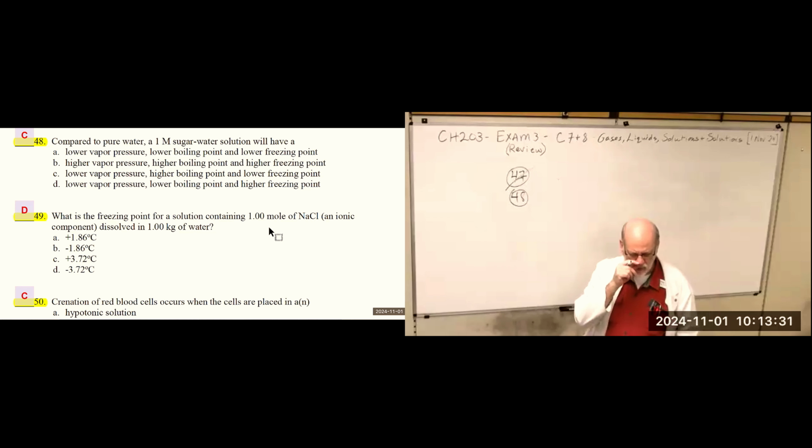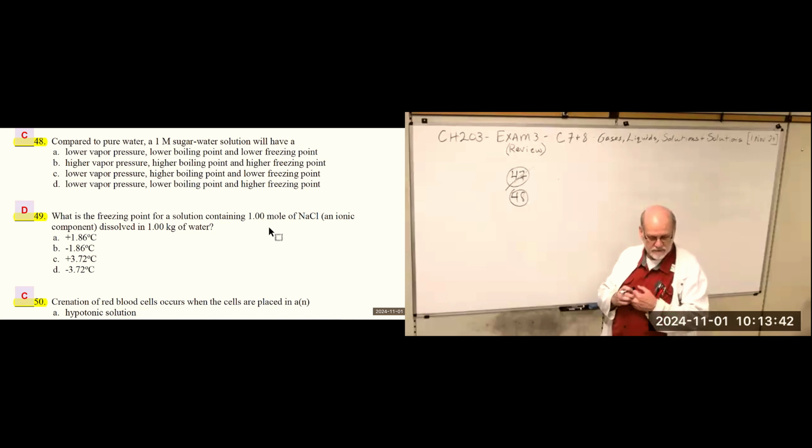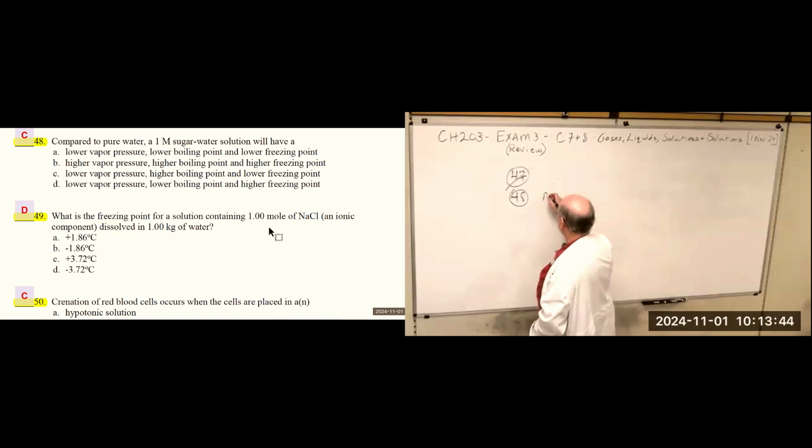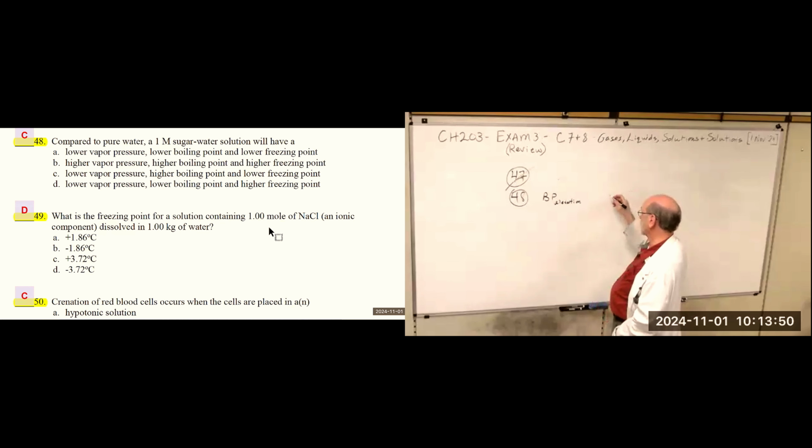Compared to pure water, 1 molar sugar water solution will have what? Okay. Here we have colligative property. And it looks like we're looking at two different colligative properties. Boiling point elevation versus, and the other one is freezing point depression.